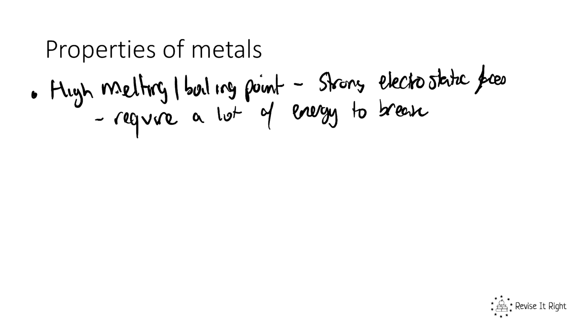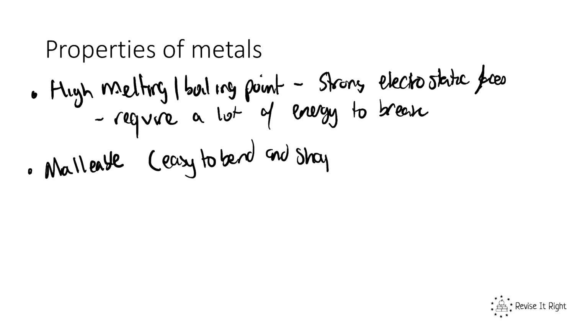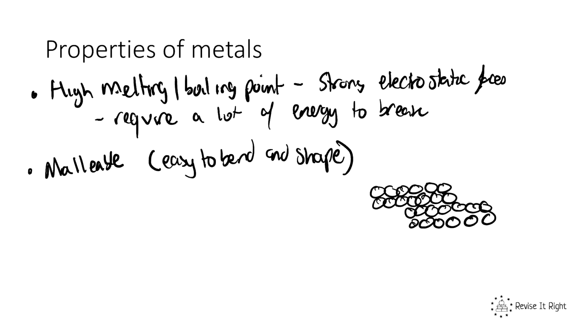Metals are also malleable. What we mean by malleable is that they are easy to bend and shape. Something that's malleable is easy to bend and shape. Now if I draw out the layers of a metal, these layers of atoms in the metal can slide over each other easily, as you can see in this diagram.